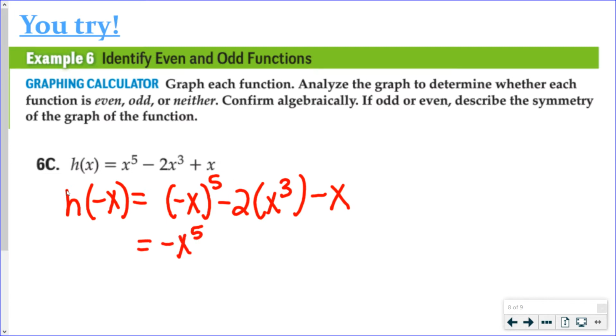For negative x cubed, again, I've got a negative raised to an odd power, so it's going to stay negative. So this is negative 2 times negative x cubed.